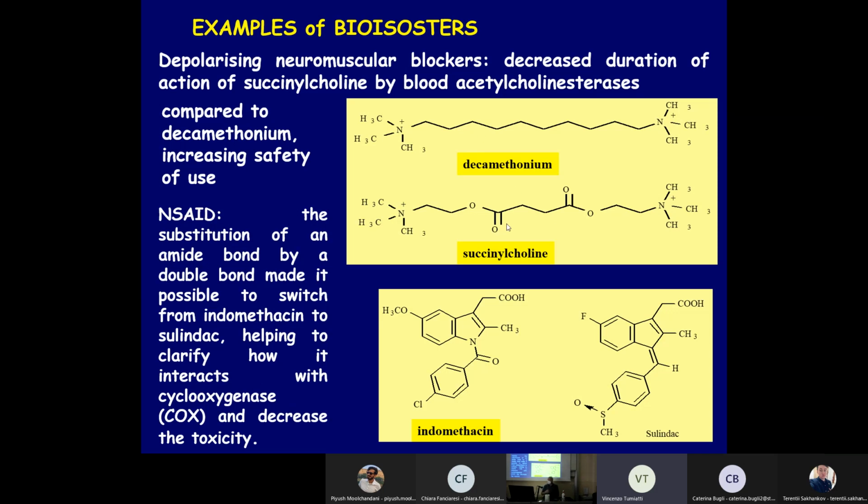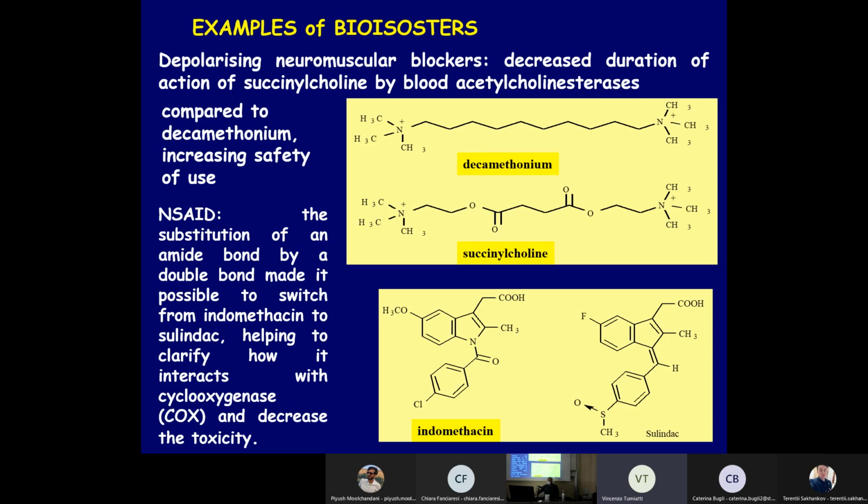So they introduced 2 ester groups inside the structure of decamethonium. The distance between the 2 nitrogen atoms remains the same because it's critical. So the chain is important only because it behaves as a spacer.